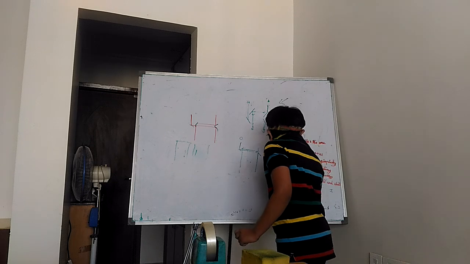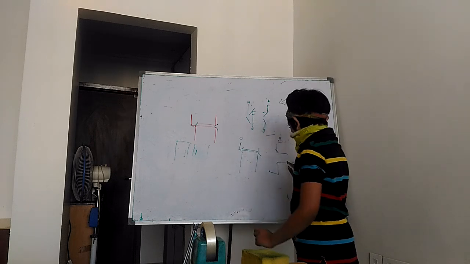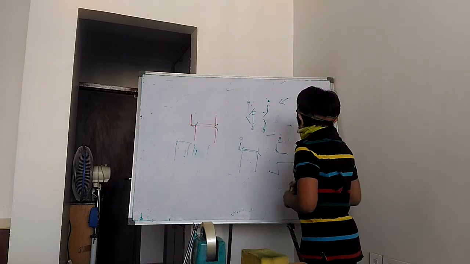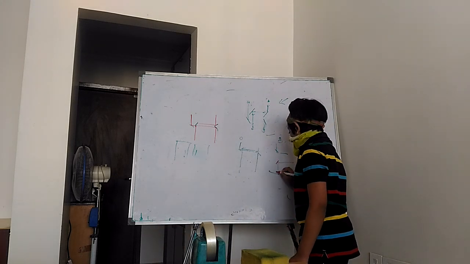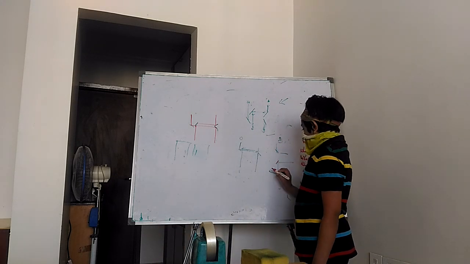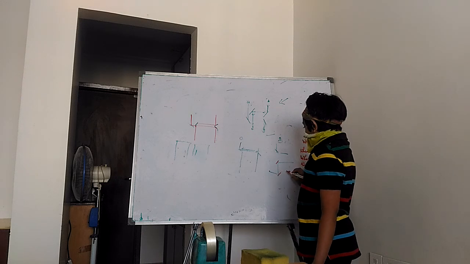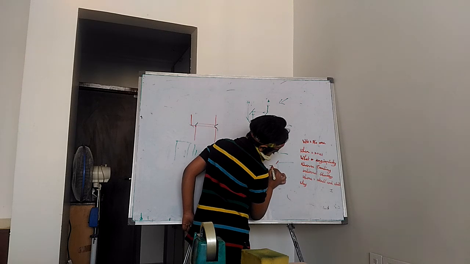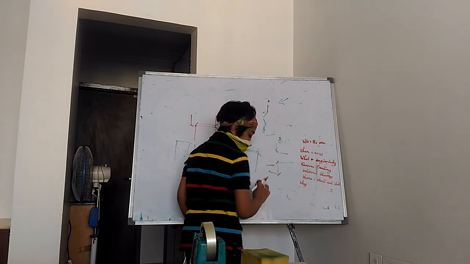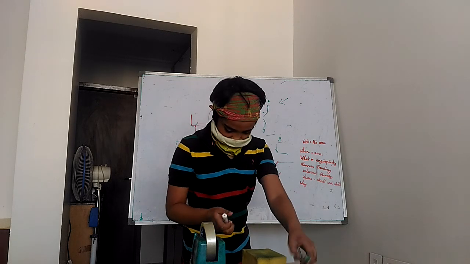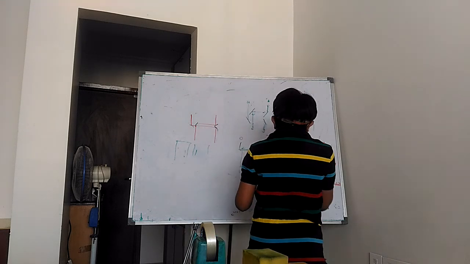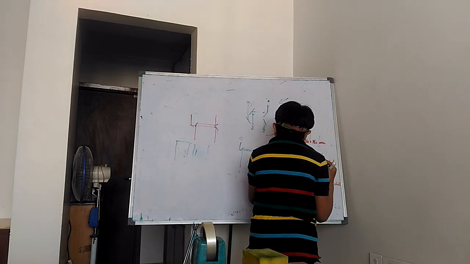So then how to do it? So this is the periscope. These are the mirrors. And I found it out. So this thing comes like this.